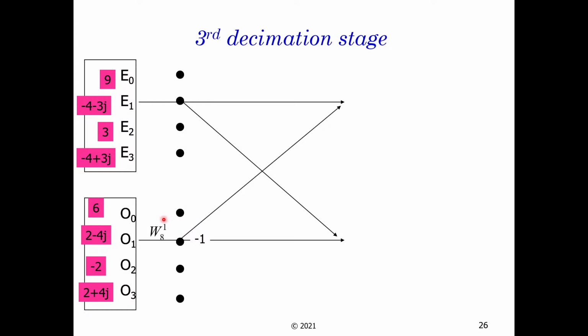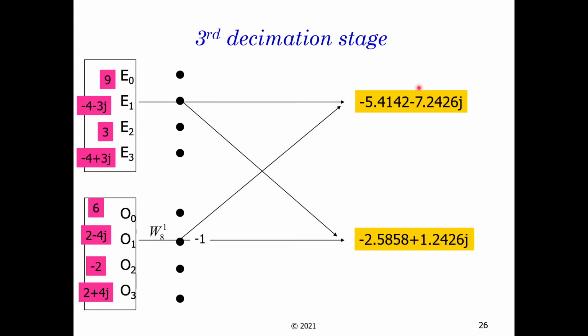So this is actually going to be minus 0.7071 minus 0.7071i, or j in this particular case. But we need to multiply this by that twiddle factor, and then we just add the two results.